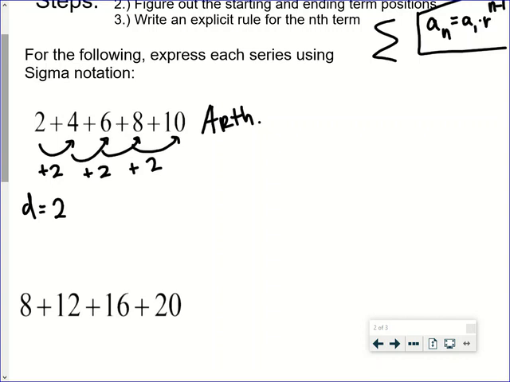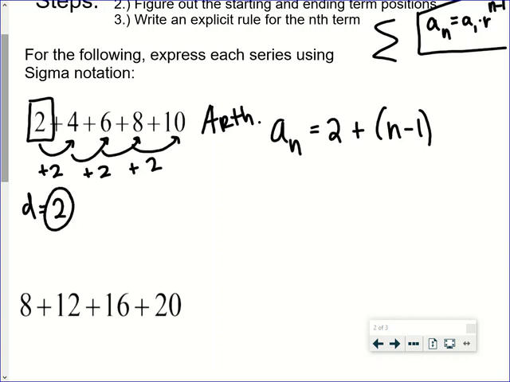So we're going to use our arithmetic series formula. So it's going to be a sub n equals our a1. So our first term of our series is a 2. So it's going to be 2, then plus n minus 1 always, and then times the pattern, which was also a 2. So we're going to put a times 2 on the end.